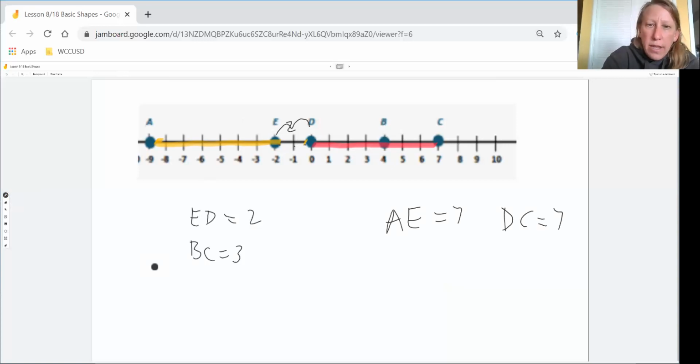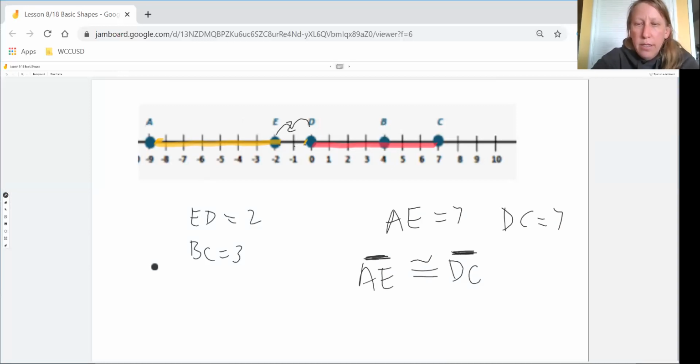So we can say that AE is the same shape and the same size as line segment DC. They're both line segments, so they're the same shape, and they have the same number, so they're the same size. So this symbol right here, same size, is equal.